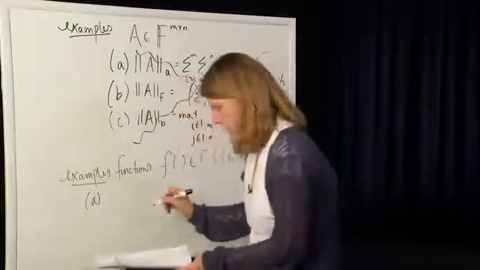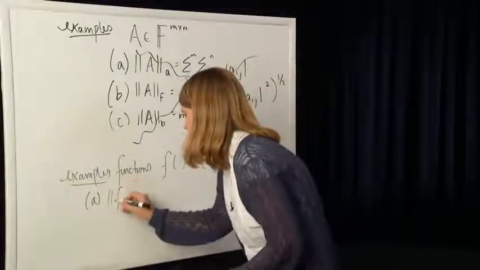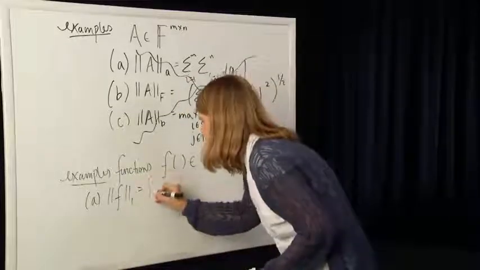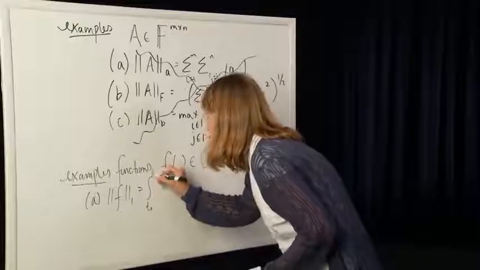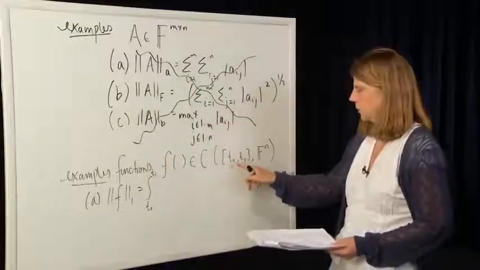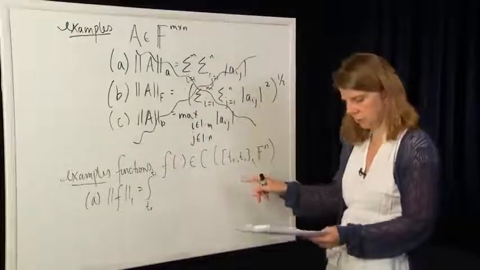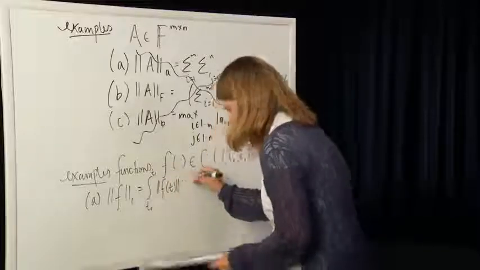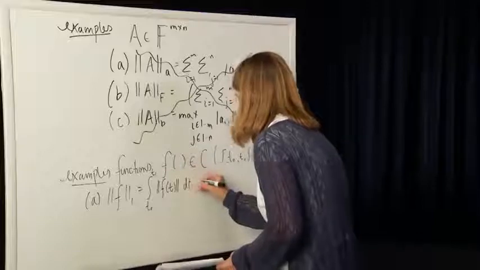One possible norm on that function space is called the one norm, and that's just the integral from t0 to t1. So it's defined in terms of the domain of the function of the norm of f(t) dt.